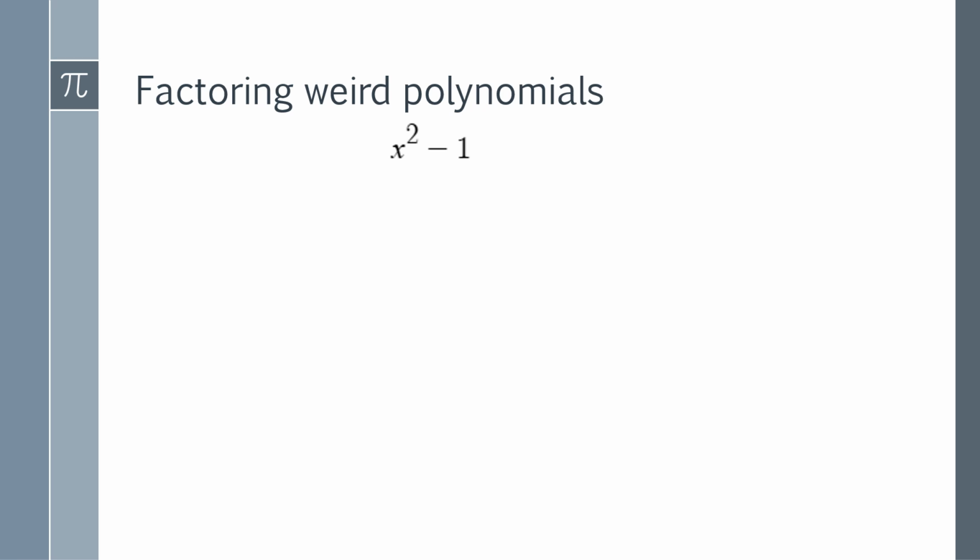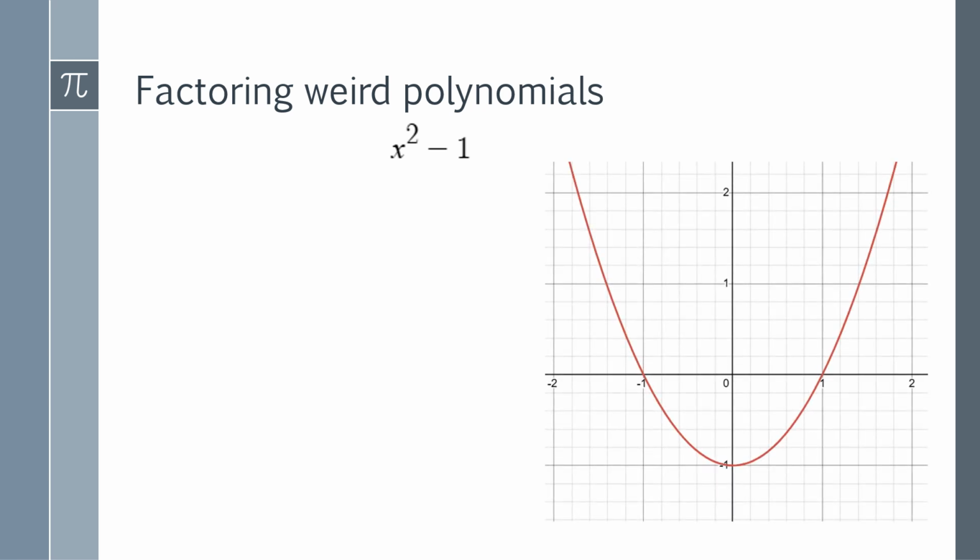But I did teach you how to use decimals to factor. So when you factor these, similar to solving an equation, you're looking for when the graph crosses the x, your x-intercept. And your x-intercept is going to be, in this case, x equals -1 and x equals 1.